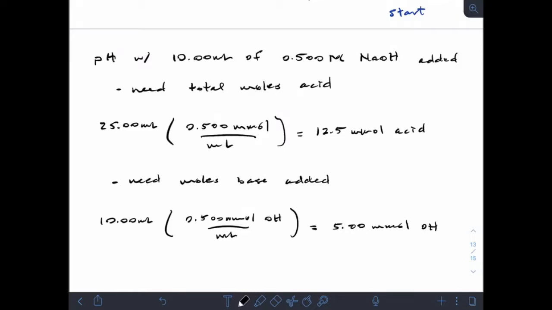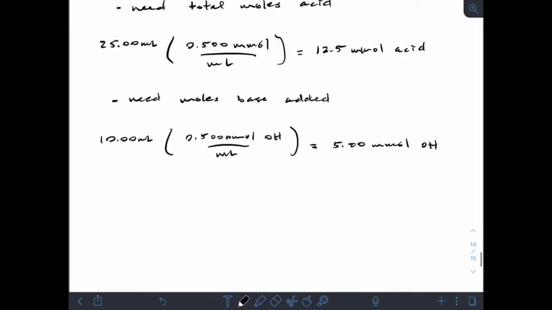Okay, so now I'm going to make an ice table, because we always have to make ice tables when we're dealing with weak acids. And we're going to start with some quantity of base. HA plus OH gives me A minus plus H2O. Okay, I'm interacting my weak acid with my strong base.